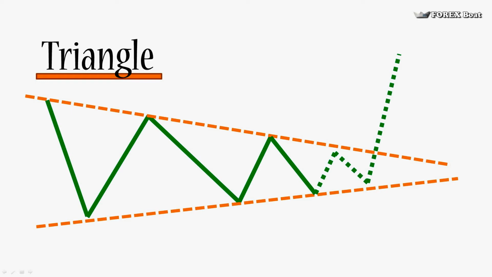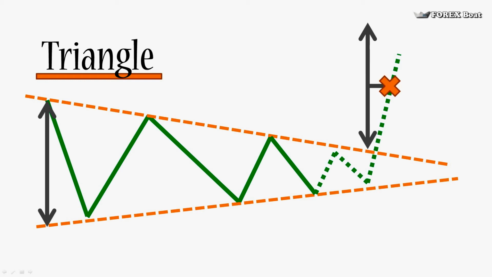So the triangle is also a very good pattern because it actually gives you targets. So if you measure the base of the triangle and then you copy this measurement to the place where you think the price will shoot out, then an aggressive target is exactly the size of the base. But it is always recommended to go with the more conservative target, which is more reliable, half of the base.